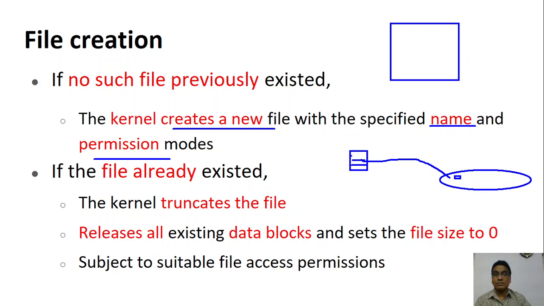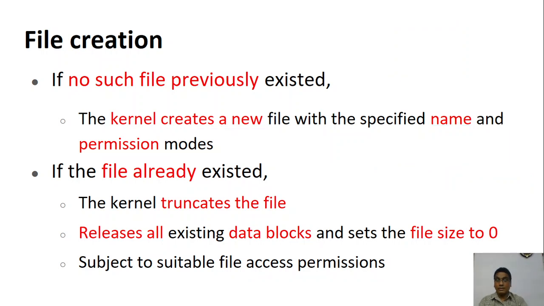So in other words, it's going to remove all the data blocks that are assigned to it, and it's going to truncate the size of the file to 0. Also, it's going to make a new entry with the changes for the permission depending upon the type of permission that you have specified while creating the file.